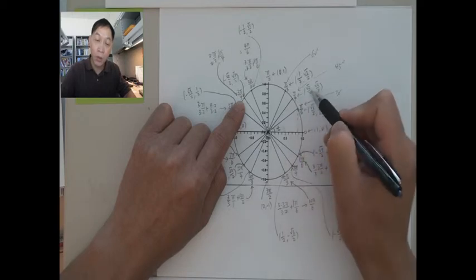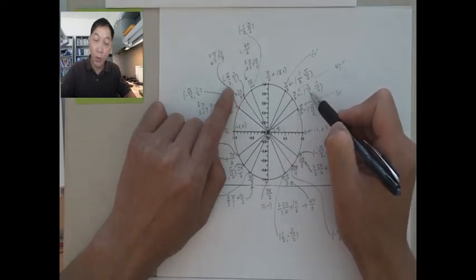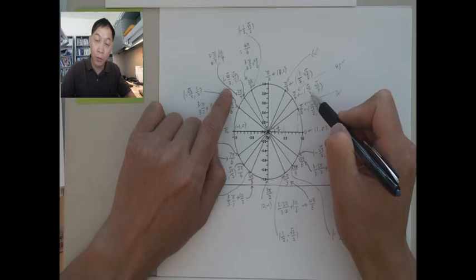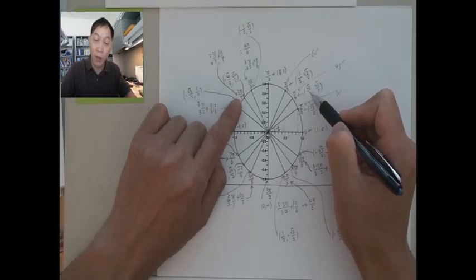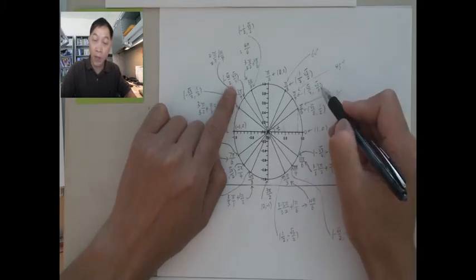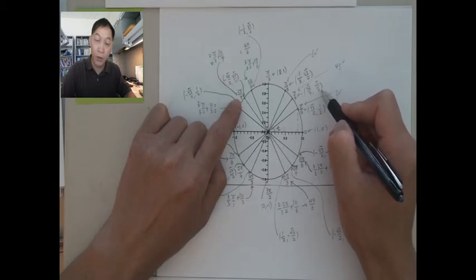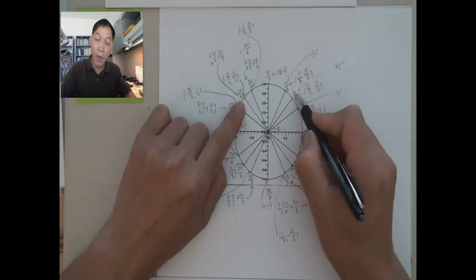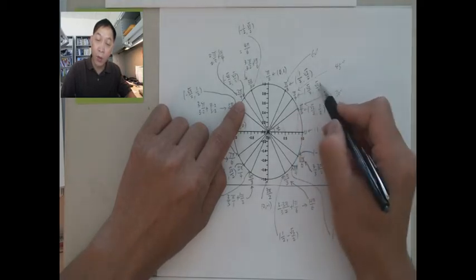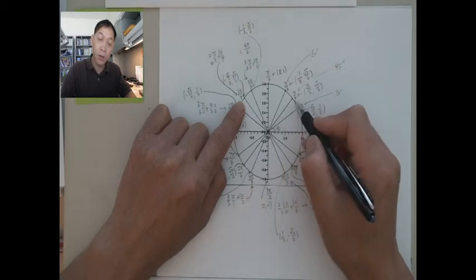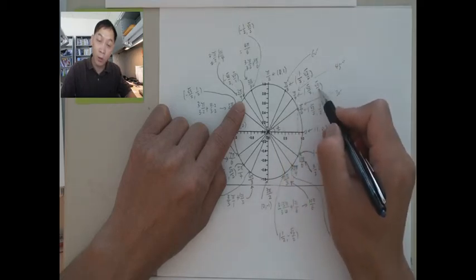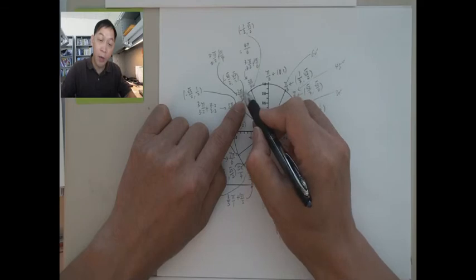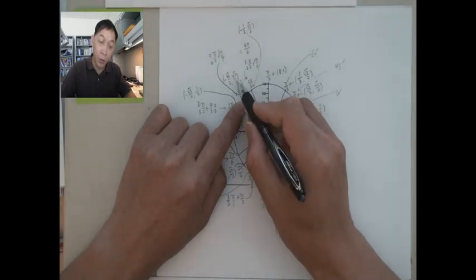Since they are symmetric, you have x coordinates are opposite, radical 2 over 2 and negative radical 2 over 2, and then y coordinates are the same, radical 2 over 2 positive. So you may say sine pi over 4, y coordinate still are the same, radical 2 over 2, so sine pi over 4 equals radical 2 over 2, y coordinate, and sine 3 pi over 4 is still radical 2 over 2.